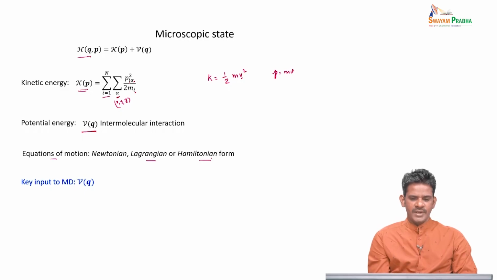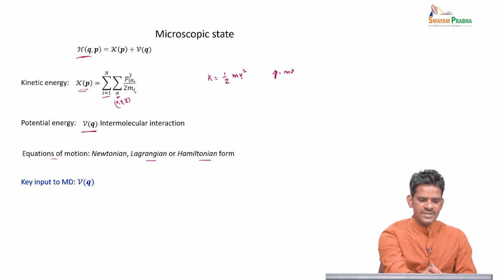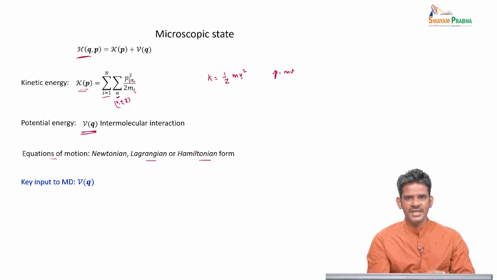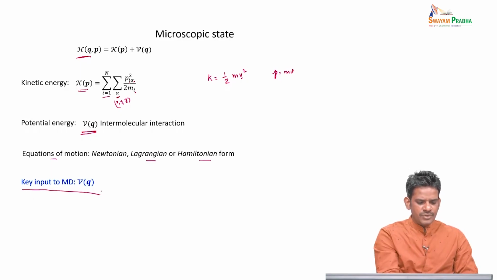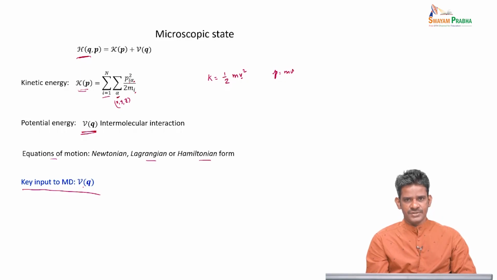So in other words, the starting point of doing MD simulation is specifying the total energy of the system, or in other words, the potential energy of the system. Once that is ready, then we have all the other frameworks to go about solving the system of equations. Thereby, the key input to MD simulation is the potential energy function.